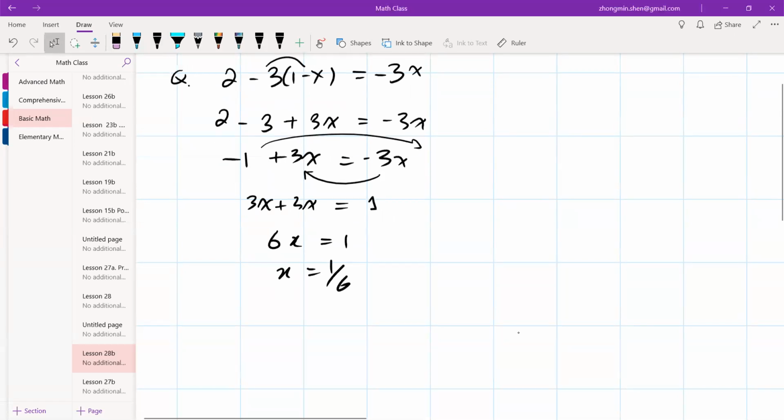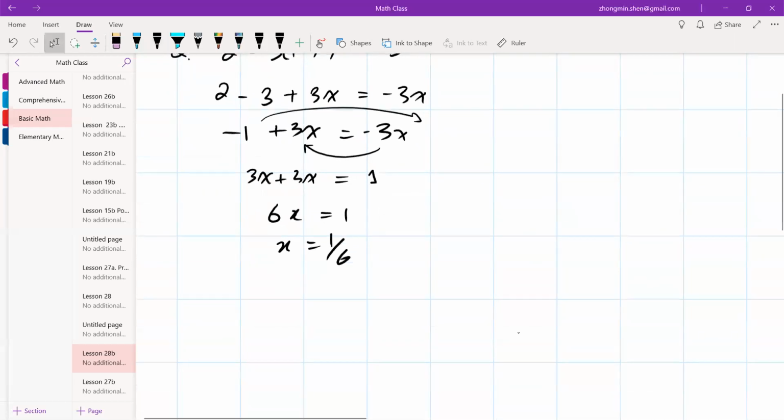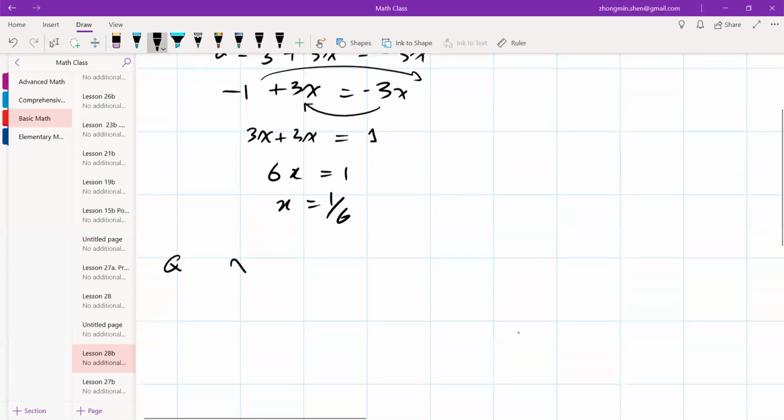But how about if you have 2 variables? For example, x plus y equals 6, and another equation, x minus y equals -1. Okay, let's use -4.